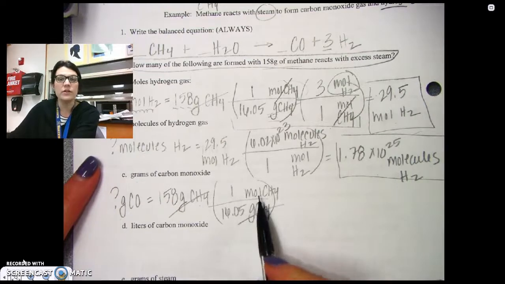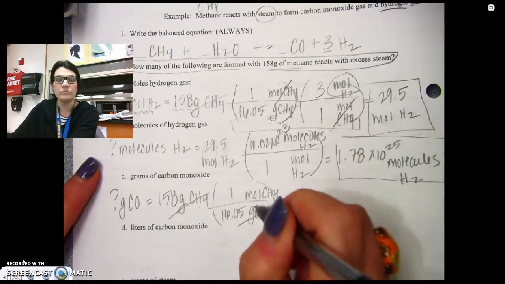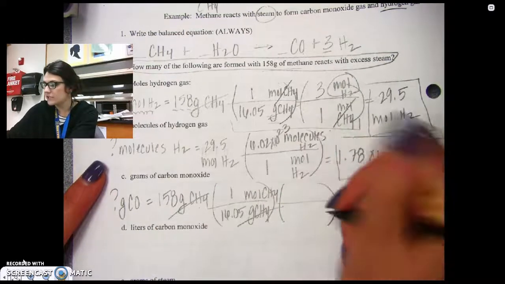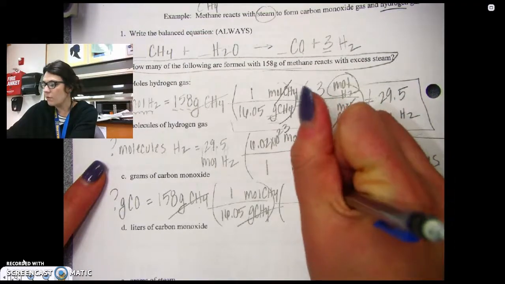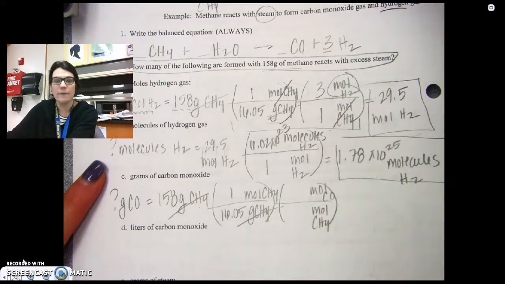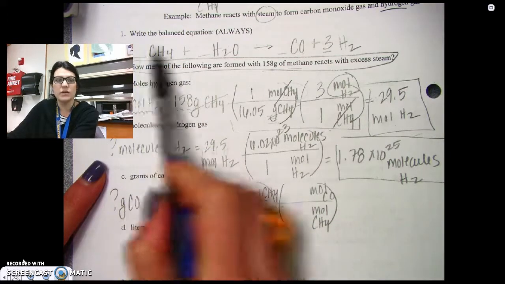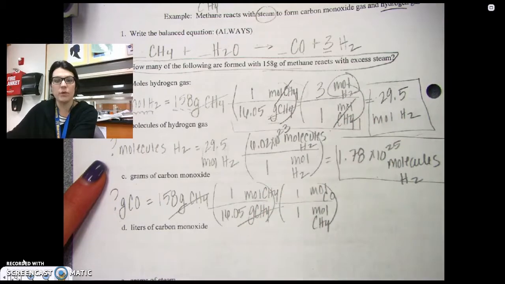Now I can use the mole ratio from the balanced chemical equation to move from CH4 to CO. Okay? So I need to cancel moles of CH4, and I want moles of CO. So that will go on the top. Looking at my chemical equation, it is a 1-to-1 mole ratio.